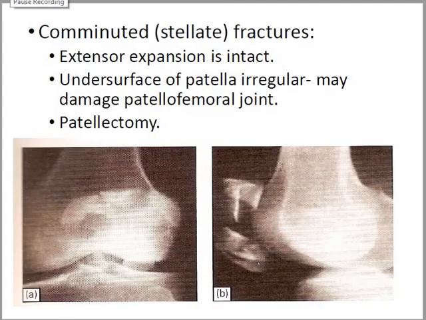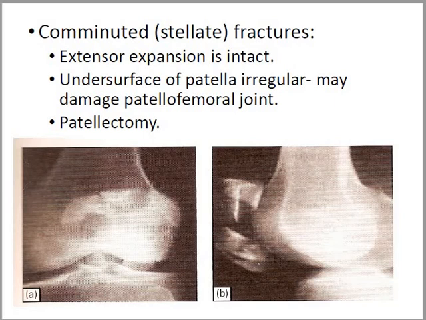Next, what can we do for a comminuted or stellate fracture? Well, in case of a comminuted stellate fracture, the fracture is fragmented but not displaced from its place, and the extensor expansion is intact. So to some extent the extensor mechanism is still acting, still good.